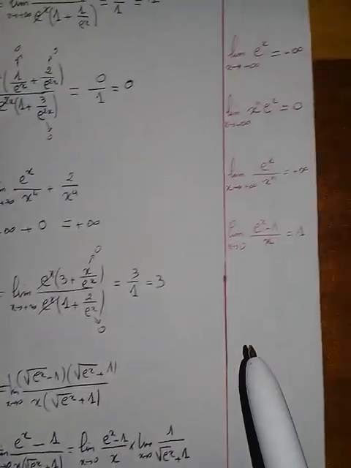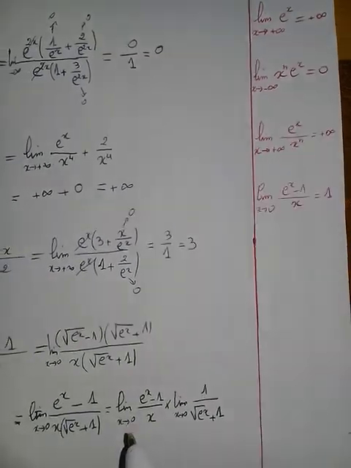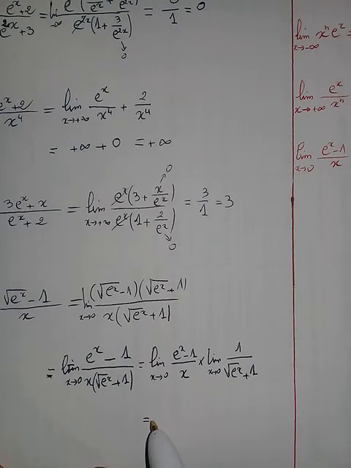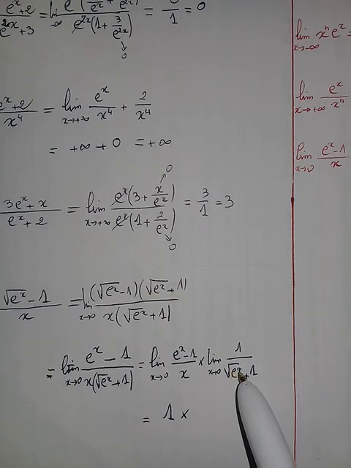This one is, we have it here, it's 1. So it's 1 times, here, if I plug 0, e to the 0 is 1, square root of 1 is 1, 1 plus 1 is 2. 1 over 2, and it's 1 over 2.